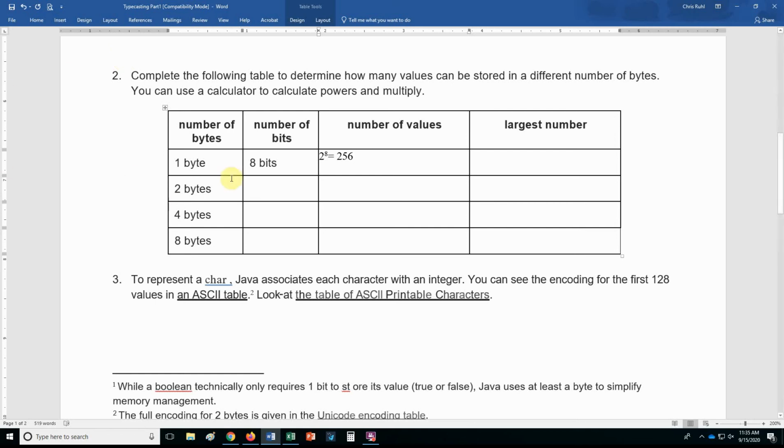So if this is twice that, 2 times 8, which would be 16 bits, then this would be 2 to the 16th.